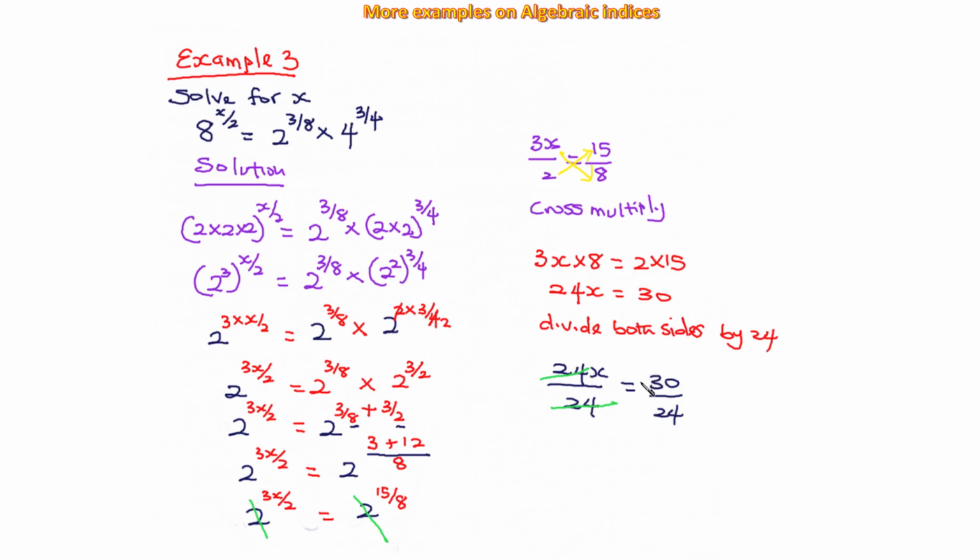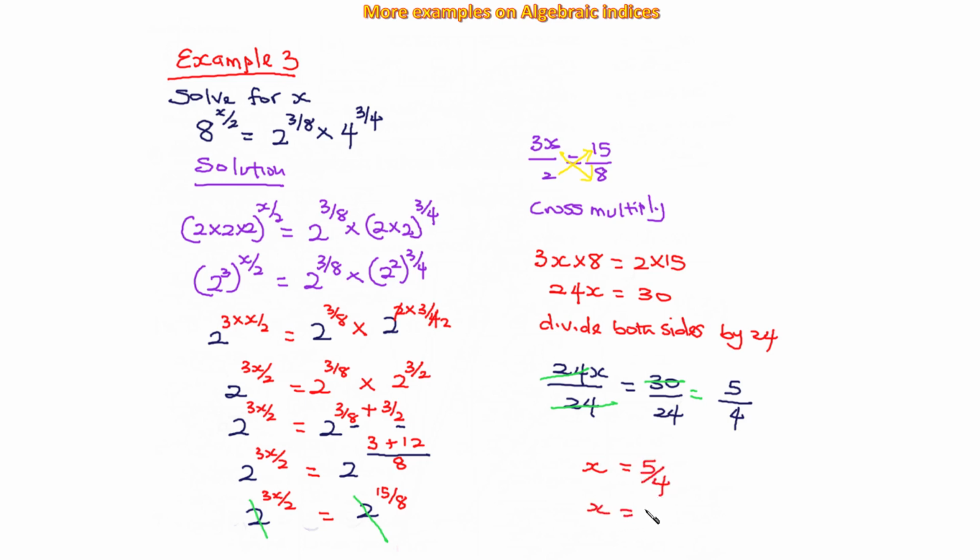But here, 6 is a factor that can be used to divide the numerator and the denominator. Then you have 6. 30 divided by 6 will give us 5. Now, 24 divided by 6 will give us 4. Therefore, we can arrive at our answer to be x is equal to 5 over 4.